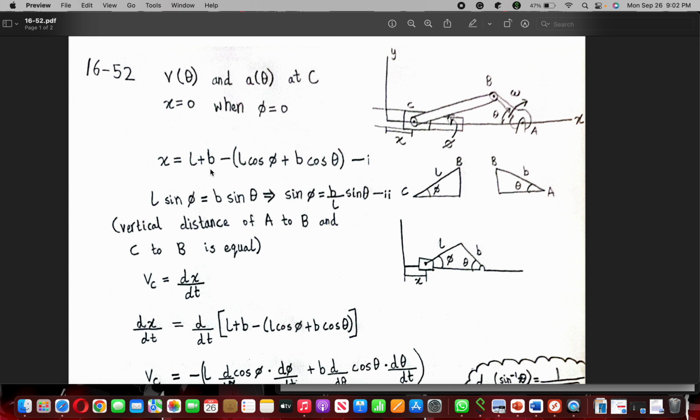And the second equation we have used is L sine phi is equal to b sine theta. This is the vertical distance.